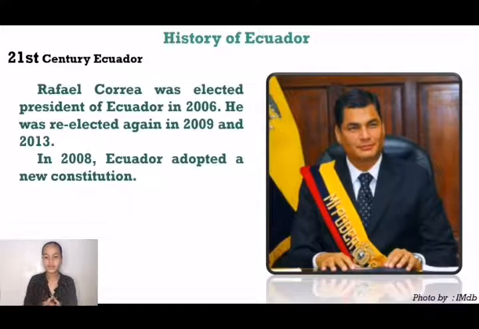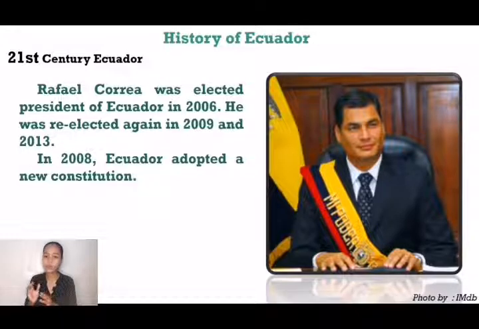In the early 21st century, poverty in Ecuador declined. In 2006, Rafael Correa was elected president of Ecuador. He was re-elected in 2009 and 2013. Meanwhile, in 2008, Ecuador adopted a new constitution. In 2020, the population of Ecuador was 17 million.